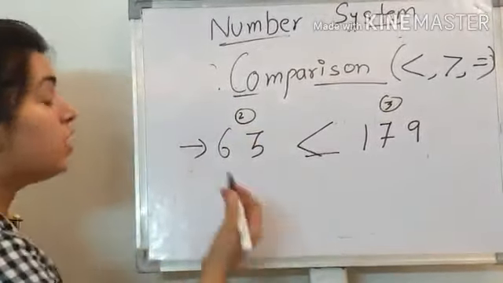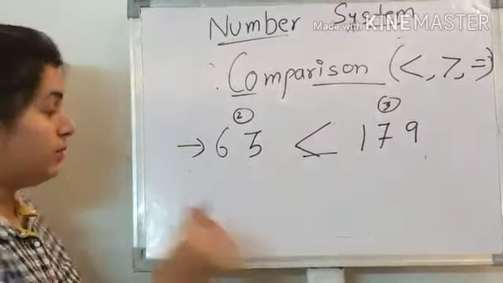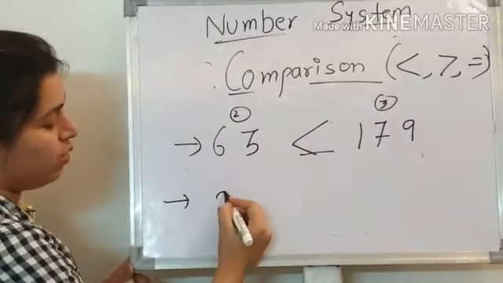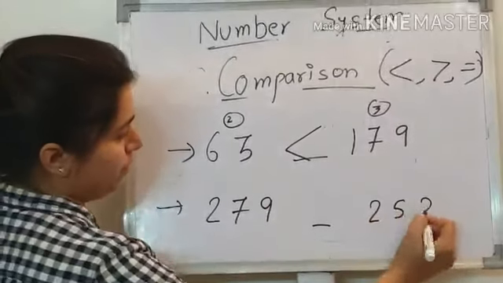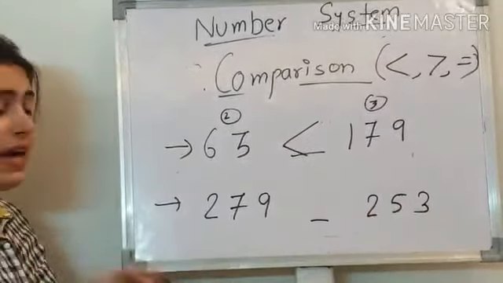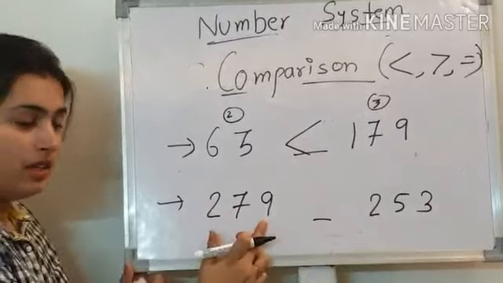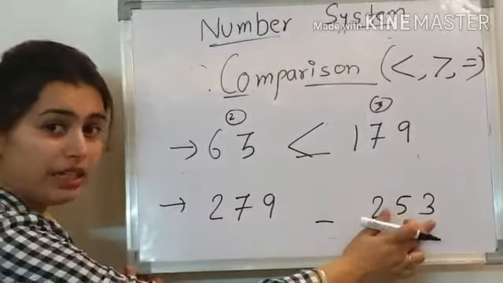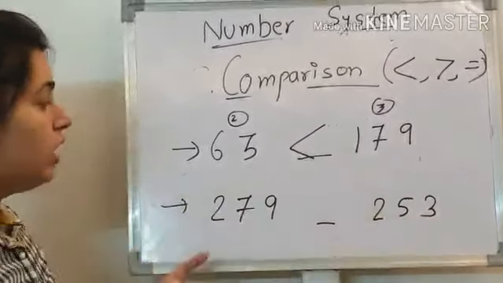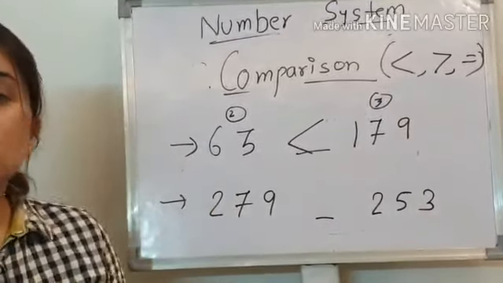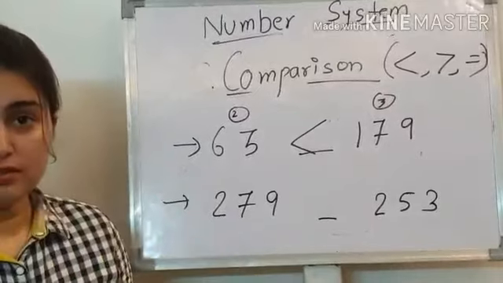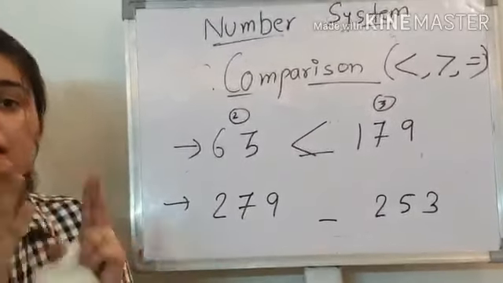Now the second case, when the number of digits are equal. Okay. Now 279 and 253. Here the number of digits is 3 and here the number of digits is 3. So in both the numbers digits are equal. Now in that case you have to compare the digits.